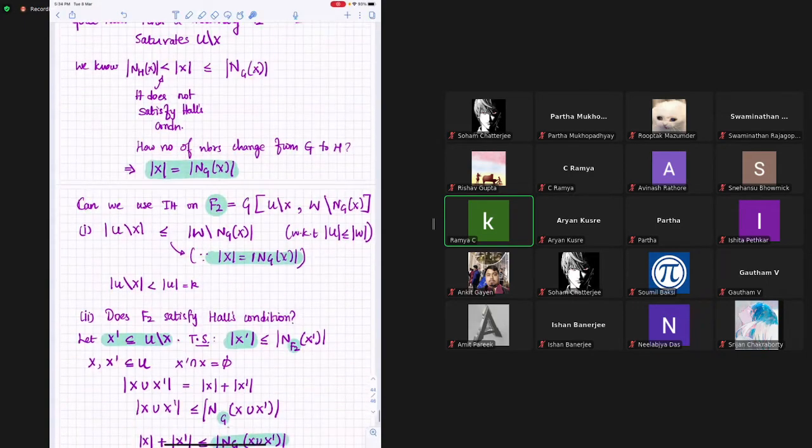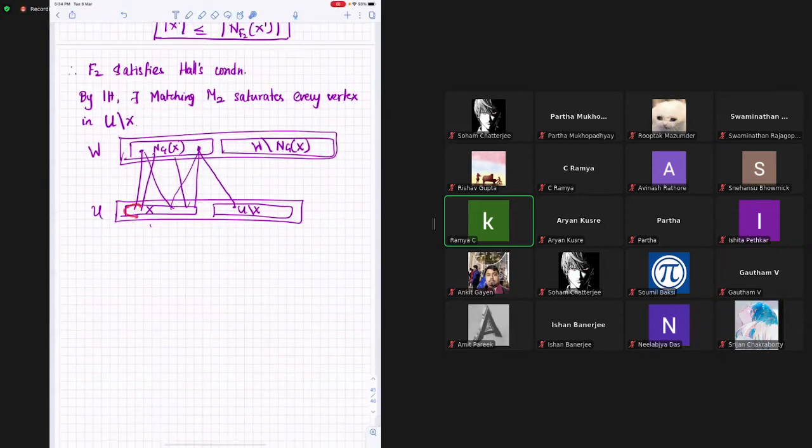So what you are essentially doing is first match things in this set and match the things in the remaining set separately. So here there will be other edges. Many things like that you don't get.